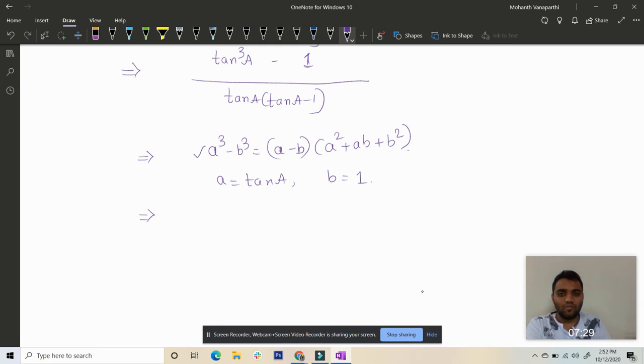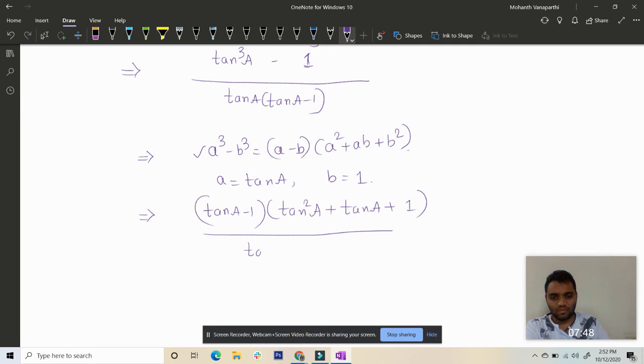Applying the identity, we get tan A minus 1 into tan square A plus tan A plus 1 divided by tan A into tan A minus 1. Now tan A minus 1 is there in both the numerator and denominator, so we can cancel it.